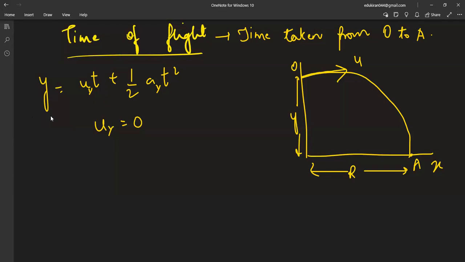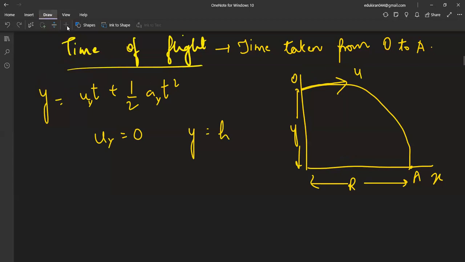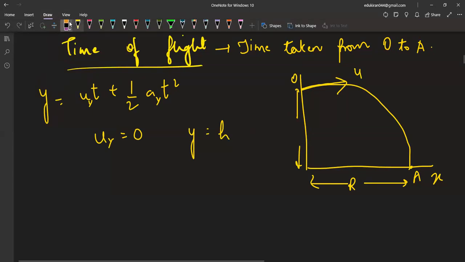All right. y, what is your y? The displacement that is occurring in this duration. Displacement is y only. Trajectory is this, but displacement is the shortest path that covers from O to A point. Shortest path is this only. So y, that is your displacement, is actually the height.